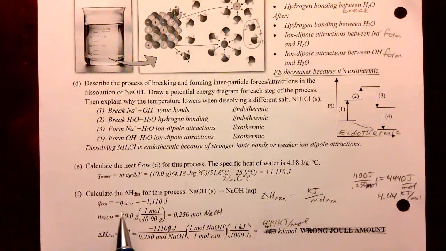Because where did the heat come from? It came from the reaction. Where did it go? It went into the water. So we said from the water's point of view, the change is positive, right? But from the reaction's point of view, the change is negative. The water gained the heat, the reaction lost the heat. So if we're going to talk about the heat of reaction, it's actually a negative.